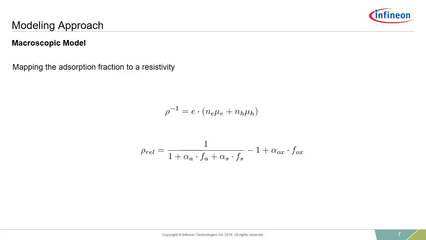It was assumed that for clean air, the contribution to relative resistivity is constant, and that we just need to use the adsorption fractions of the main grid and the additional effects with certain scaling factors alpha in order to get the overall relative resistivity. Of course, this could also be extended by a temperature and relative humidity dependency to take such effects into account as well.